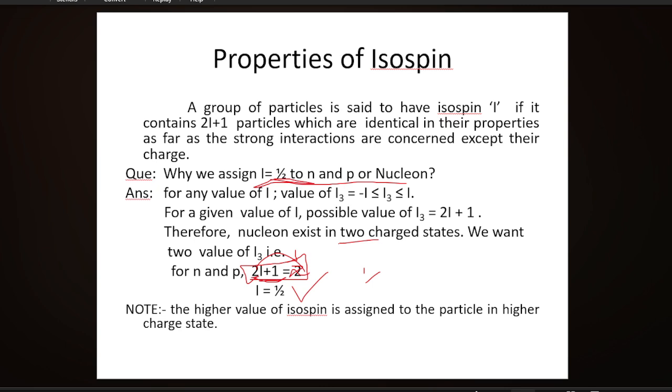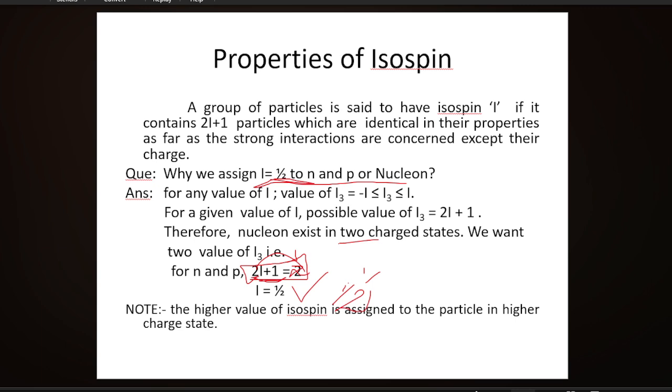Now the value of the Z component is from minus I to plus I. Here we have half as the value of I, so two values arise, that is positive half and negative half. Here the positive value goes to the highest charge state.